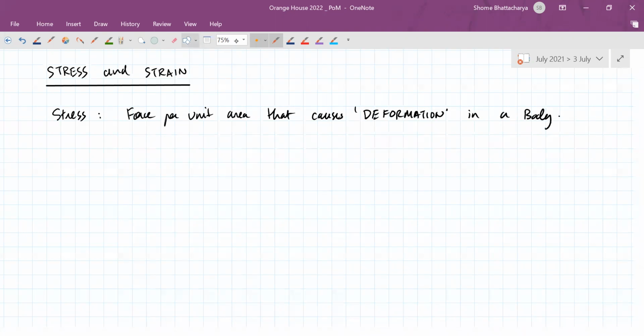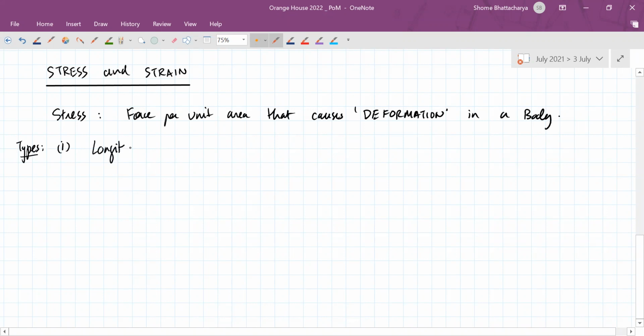We will see different types of examples. There are three types of stresses. Longitudinal or tensile stress.